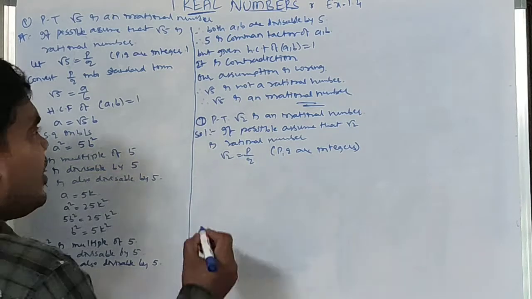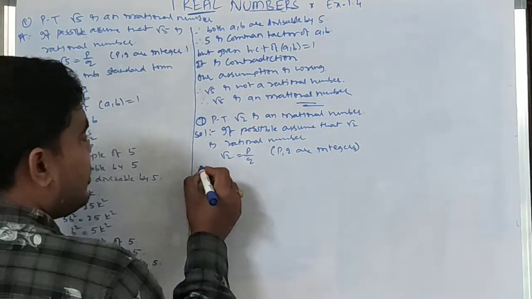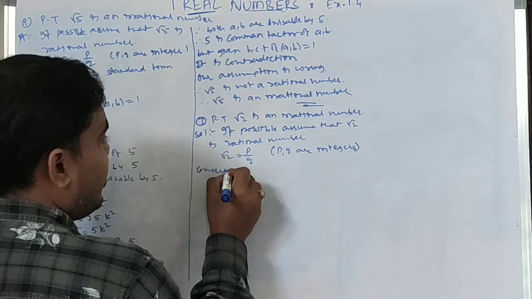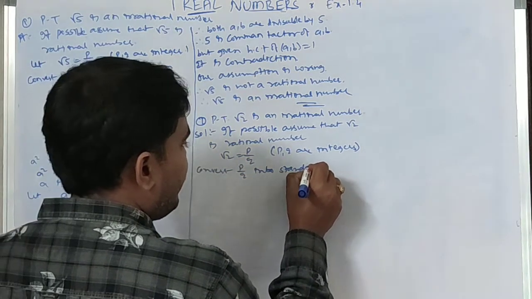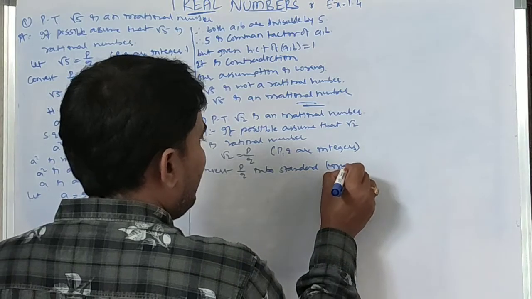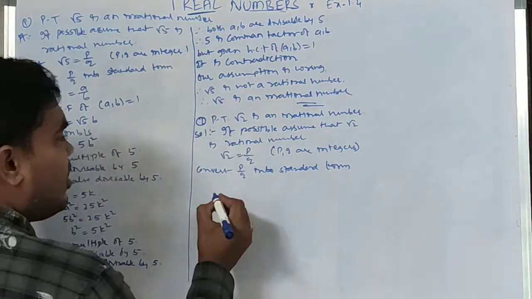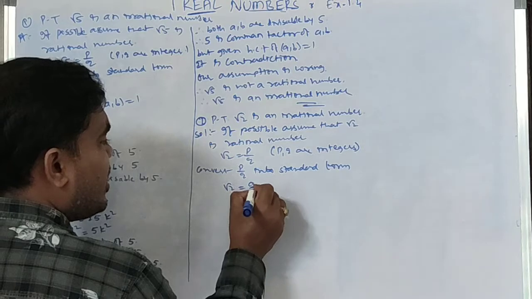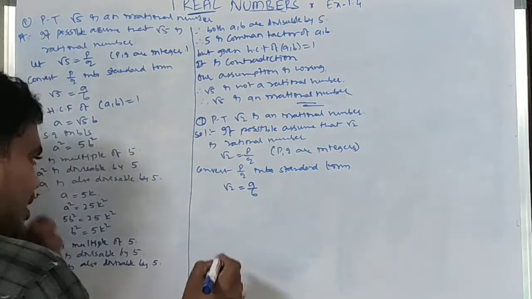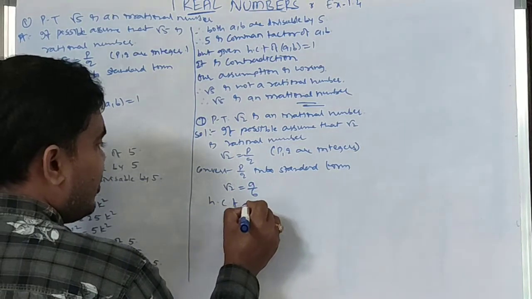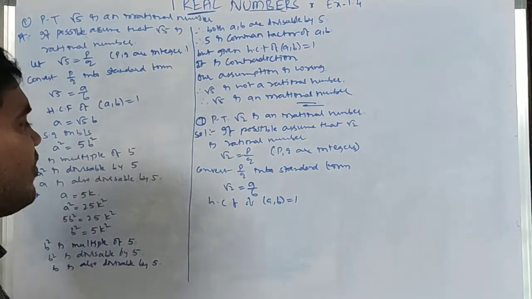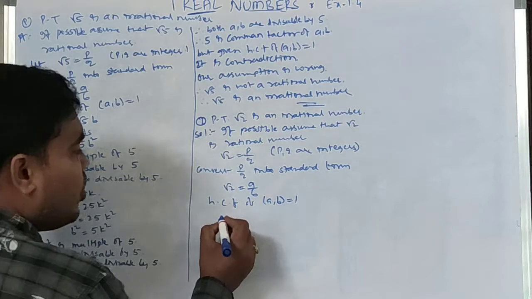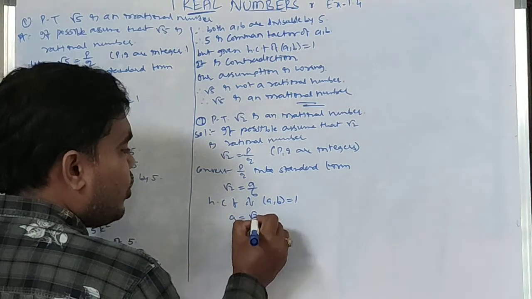So I want to convert p by q into standard form. If we are converting into standard form, root 2 equal to a by b we got. So HCF of a, b equal to 1. So a equal to root 2 into b.